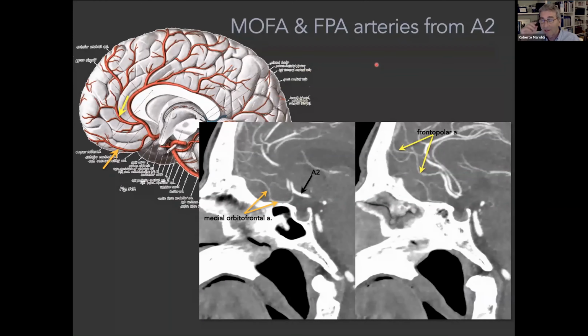It should always be taken care of, because it could identify an excessive pneumatization of the posterior ethmoidal cells. Another point, which is a danger for endonasal surgery, is related to the proximity of a couple of vessels, more frequently the medial orbitofrontal artery, the MOFA, and a little bit farther from this, the frontopolar artery.